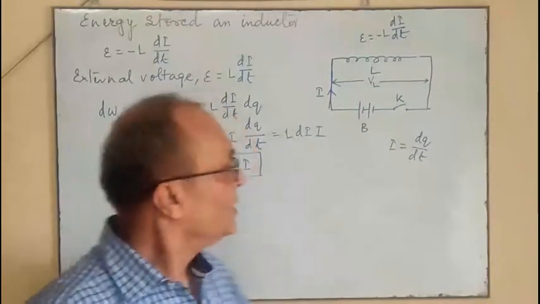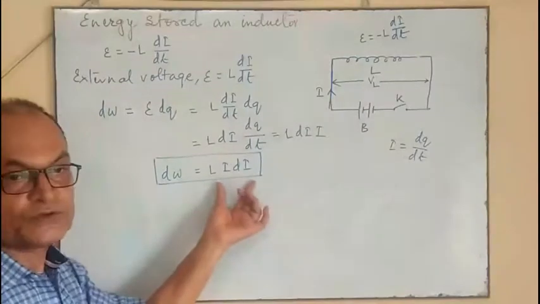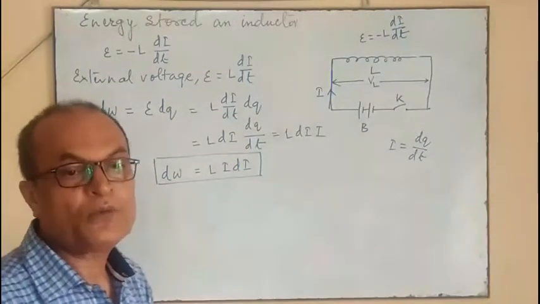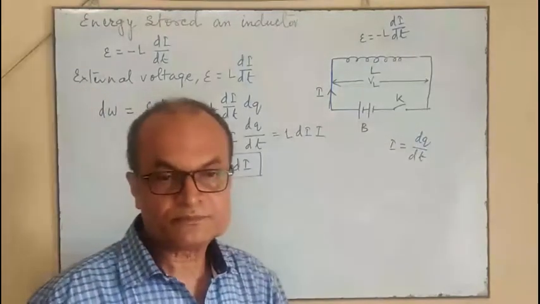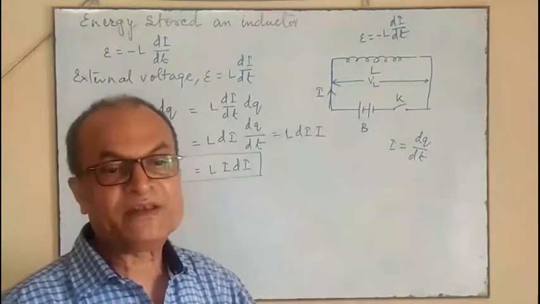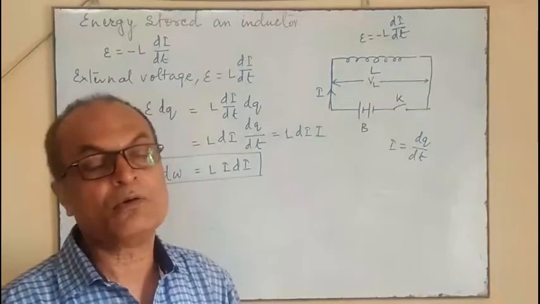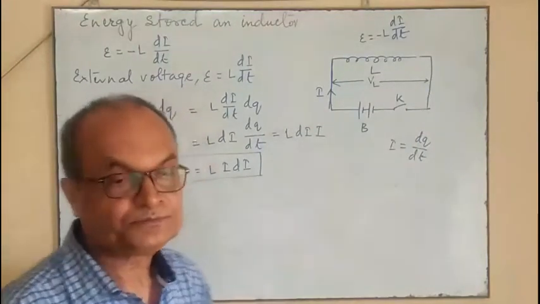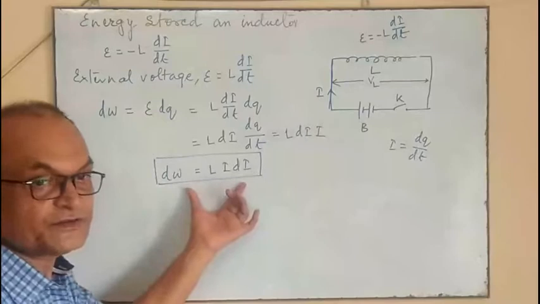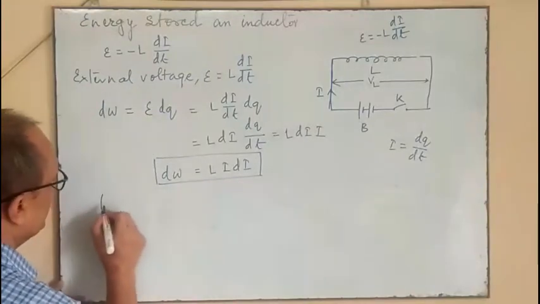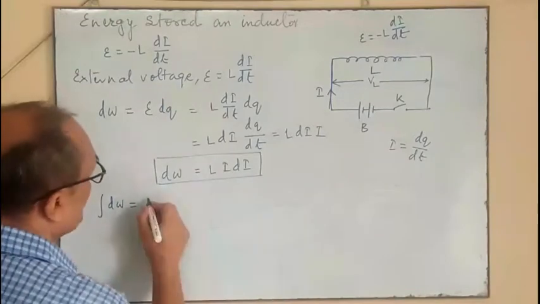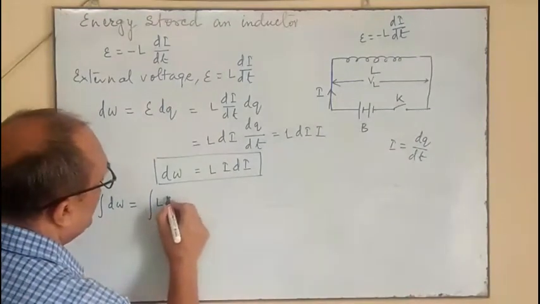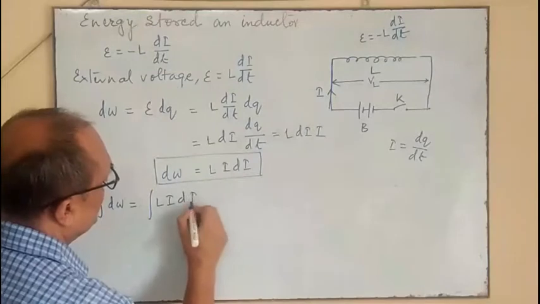Now we know dW equals this work done. Now we are going to find the total work done when the current reaches its maximum value. So we have to integrate this. Then the integration of dW equals the integration of L I di.